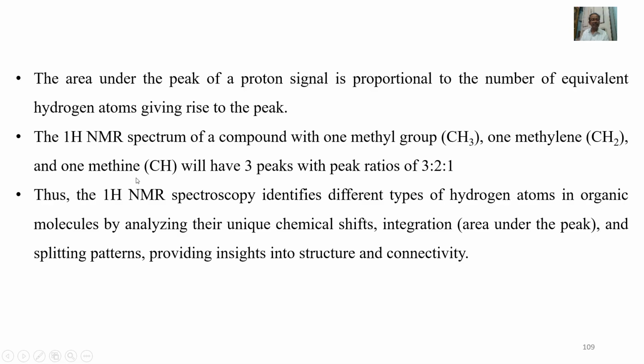Thus, proton NMR spectroscopy identifies different types of hydrogen atoms in organic molecules by analyzing their unique chemical shifts, integration, area under the peak, and splitting patterns, providing insights into structure and connectivity.